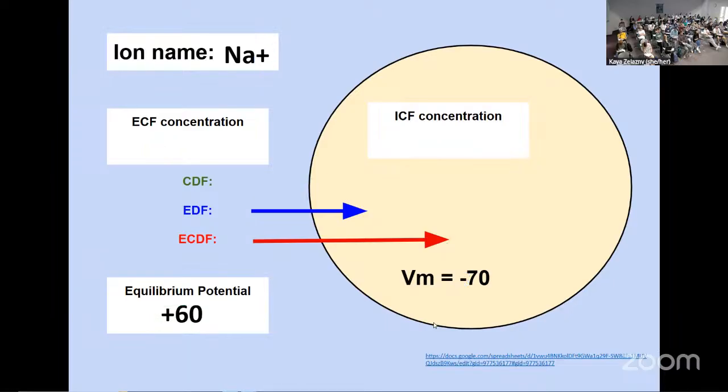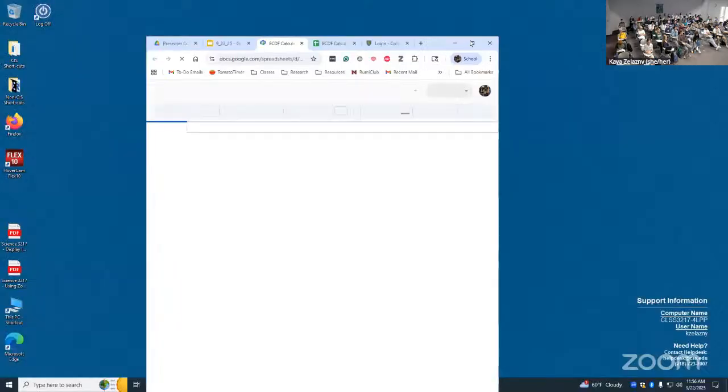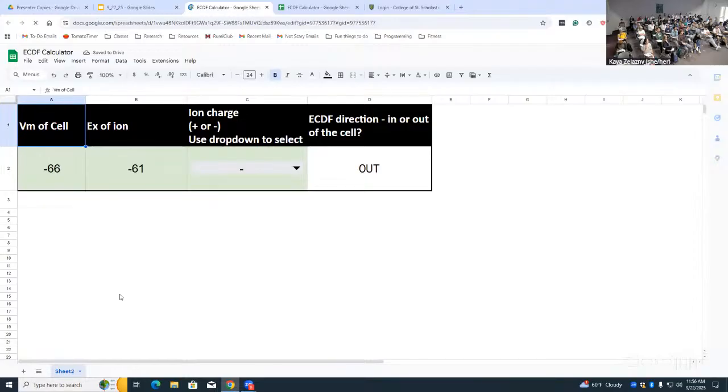Okay. So the other thing that I'll post in our course after class is I have a link down here for myself. This tool that I created, I made a little spreadsheet with some little calculations, some little functions in those boxes so that you can practice. So I know we don't have that much time to go through tons and tons of electrochemical driving force practice questions in here.